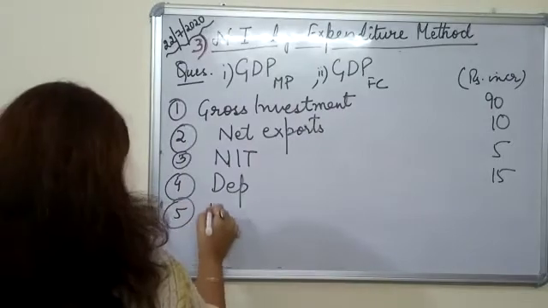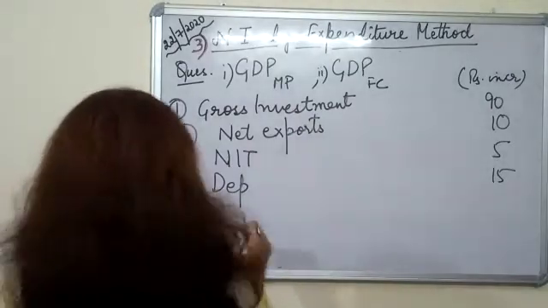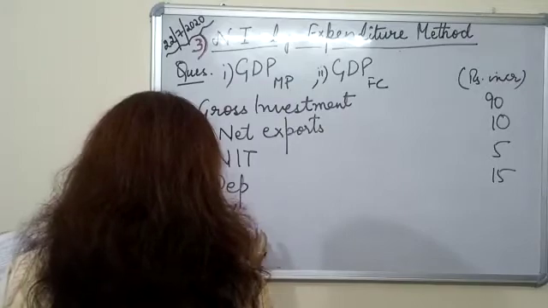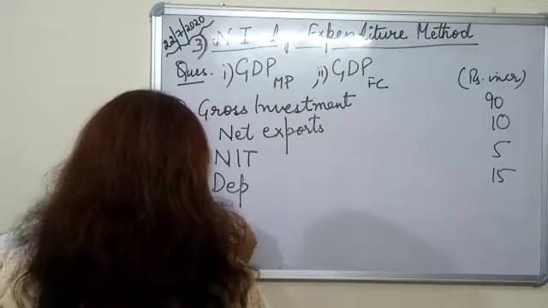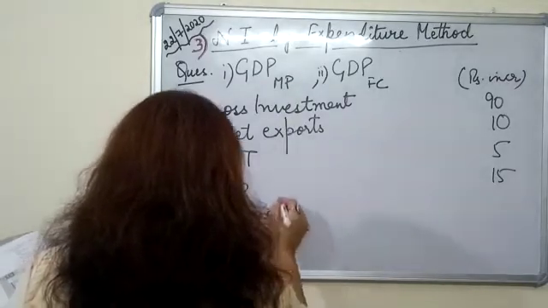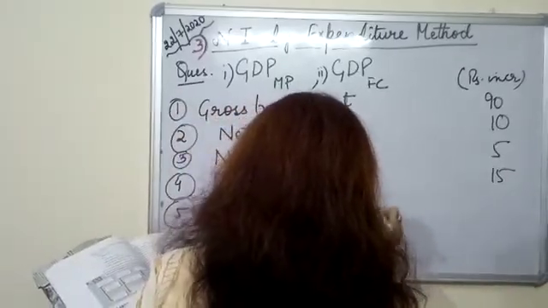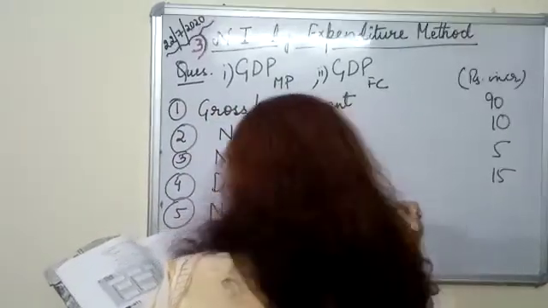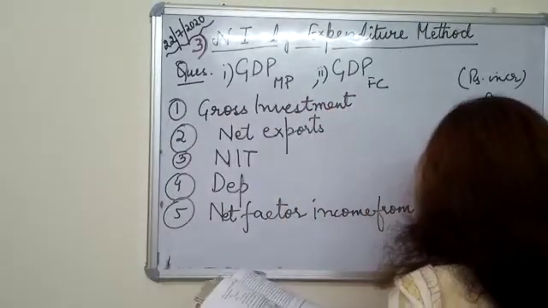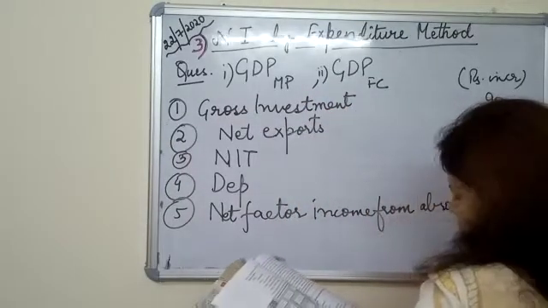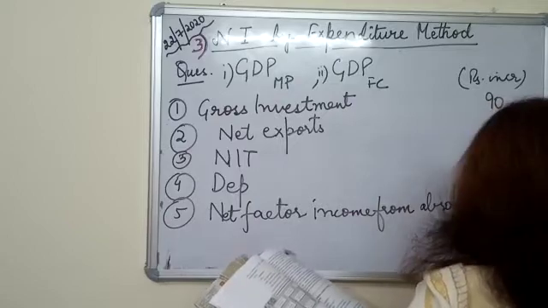Fifth, which is given is net factor income from abroad is -5.